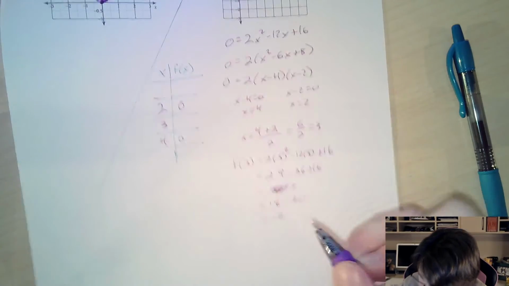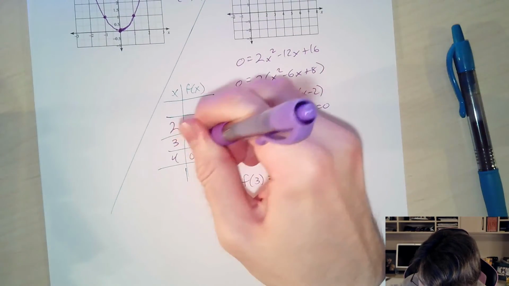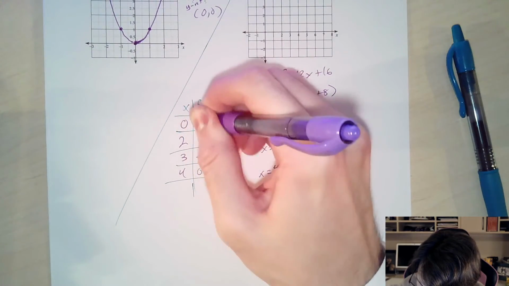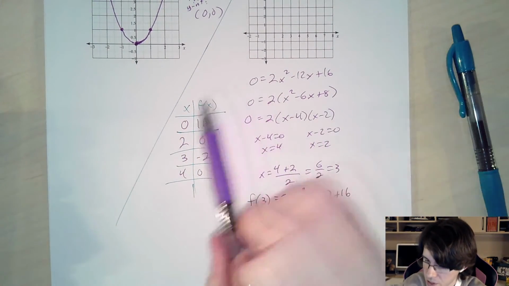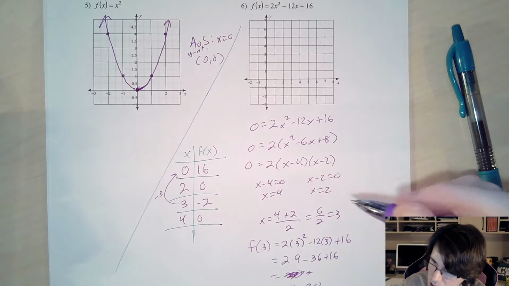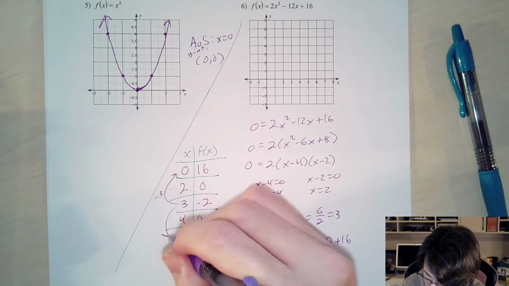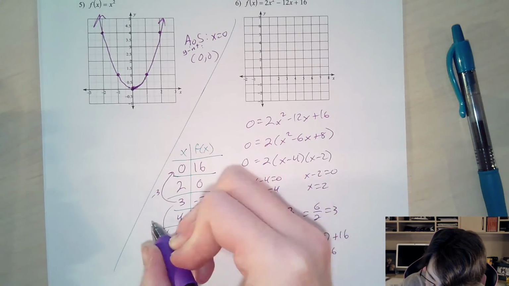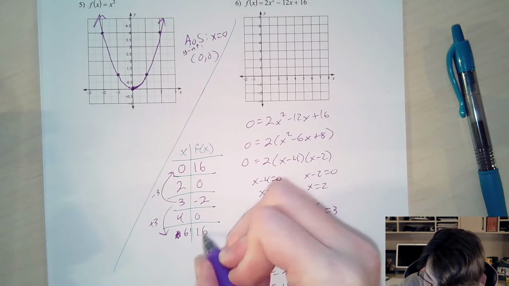And you get -2. So that means we have 3, comma -2 as a part of our graph. And then we have 0, comma 16 as an accurate coordinate because the original equation has that 16 out there. And if we were to go down by 3 here, we would also get the same as going up by 3 here, which is to 6, sorry, adding 3. That will also give you 16.